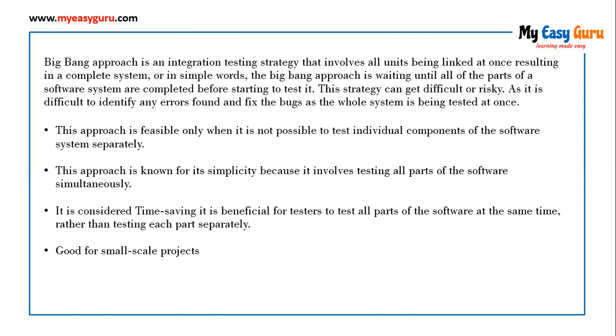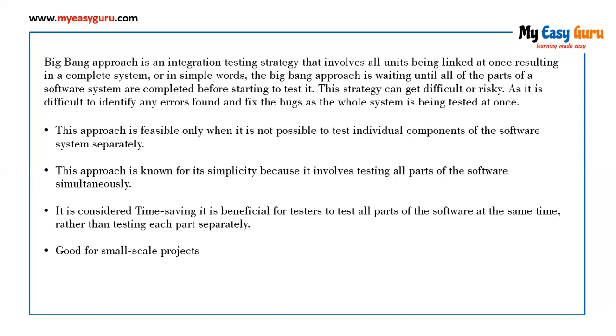It is considered time-saving. It is beneficial for testers to test all parts of the software at the same time rather than testing each part separately. And Big Bang approach is good for small-scale projects.